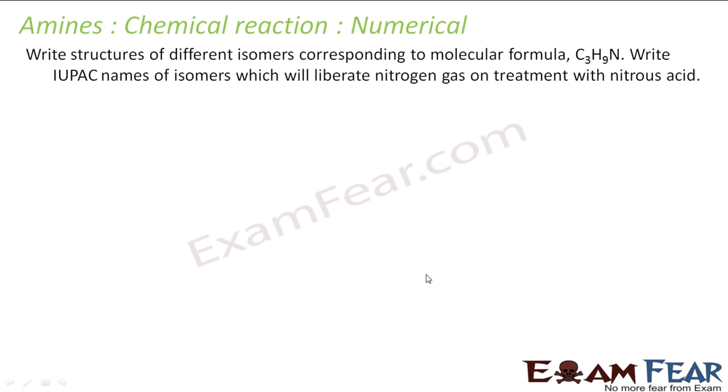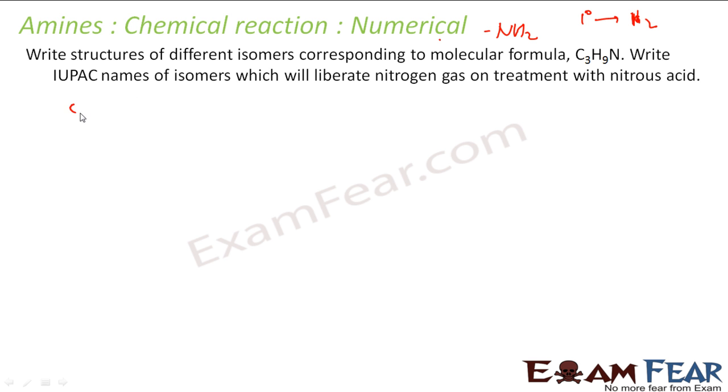The question says write the structures of different isomers for this molecular formula C3H9N, which are all amines, and which of these liberate nitrogen? So we know that 1 degree amine will liberate nitrogen. So we'll first write all the isomers and then we'll tell which of these are primary amines.